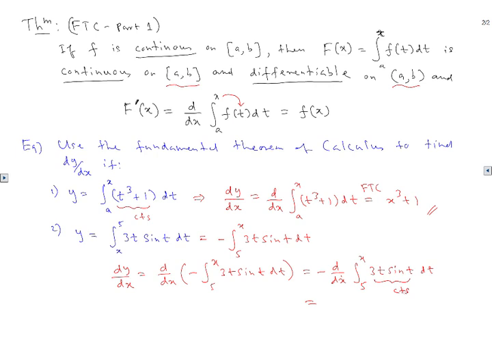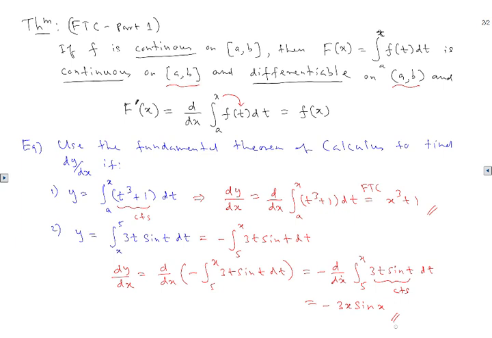So it's a negative, and you replace t by x. So it's negative 3x sin x. Is that clear? First you need to switch the order to get to the right format, and then you plug in.